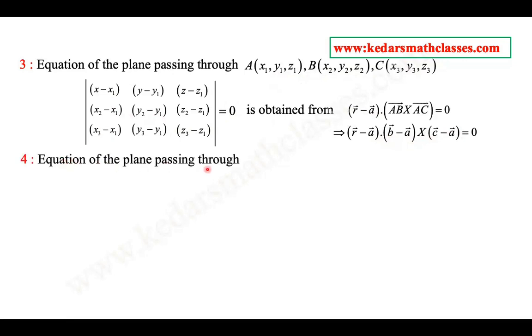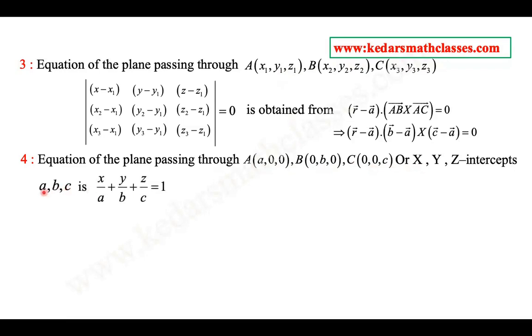The equation of the plane passing through A 0 0, 0 B 0, 0 0 C. That is exactly this case. It passes through A 0 0 means its x-intercept is A, y-intercept is B, z-intercept is C. Or else, with xyz intercepts A, B, C, it is x by A plus y by B plus z by C is equal to 1.